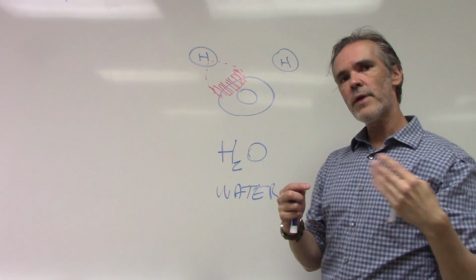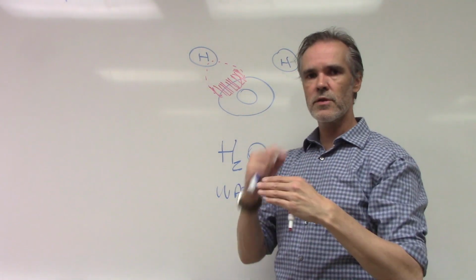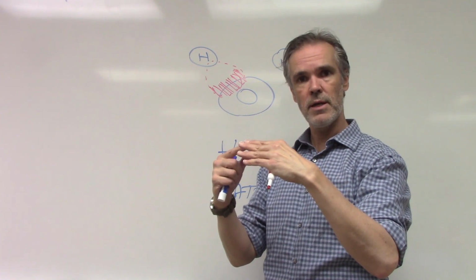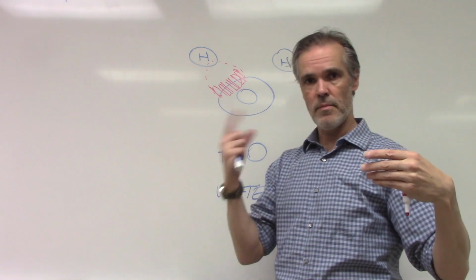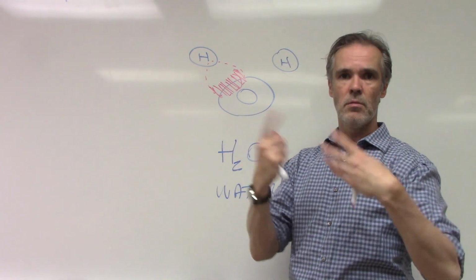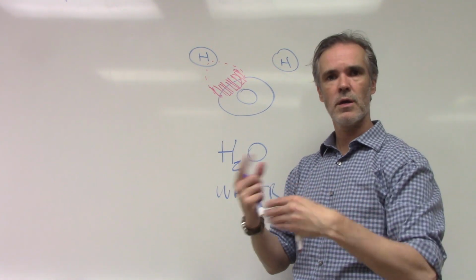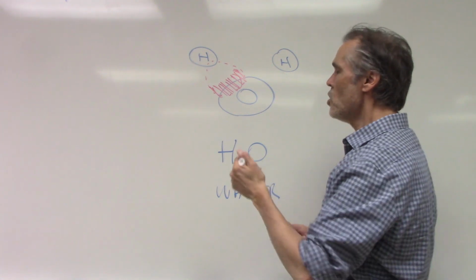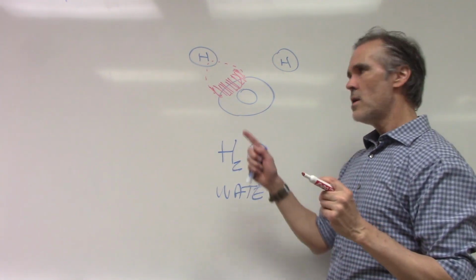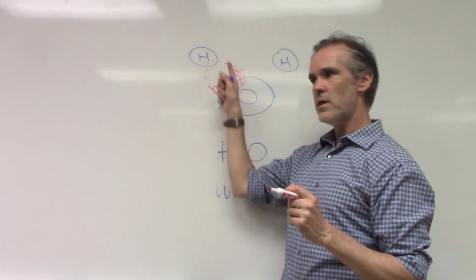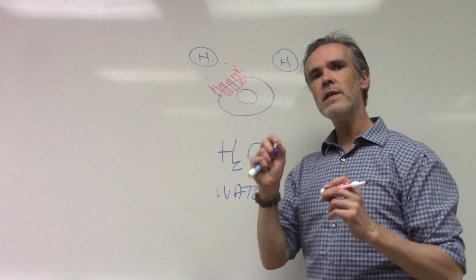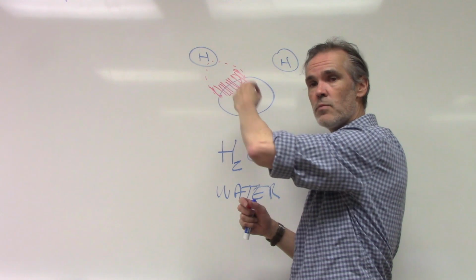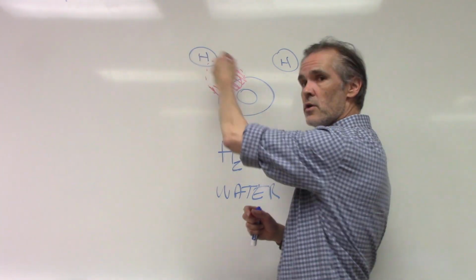So remember what happens when an atom loses an electron? It becomes charged positively, right? Losing a negative particle causes it to become positive because of the proton numbers, right? Remember that, right? That's important. So what happens here is that the hydrogen is not really losing the electron because it's still attached to it. It's just shared with the oxygen, right?